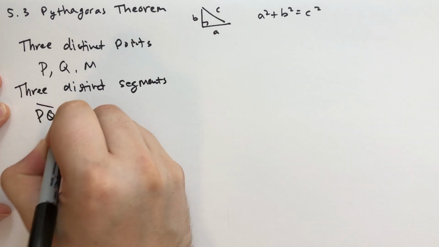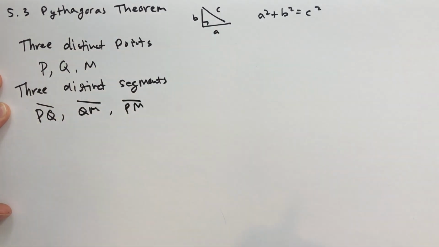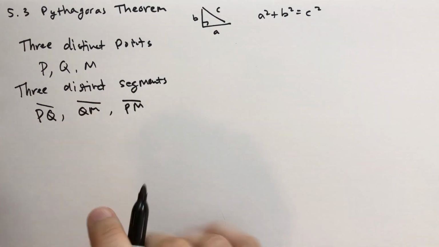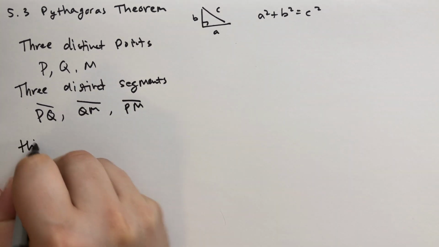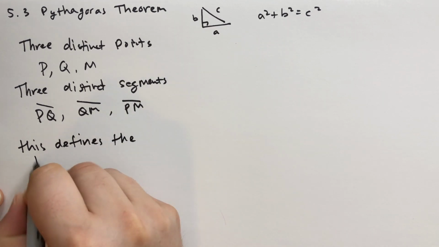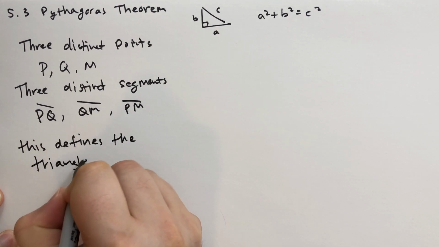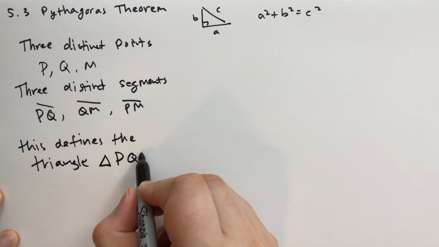The segment PQ, the segment QM, and the segment PM. Okay, so 3 segments. If we take these 3 segments together, then this defines the triangle PQM. We draw a triangle symbol, PQM.